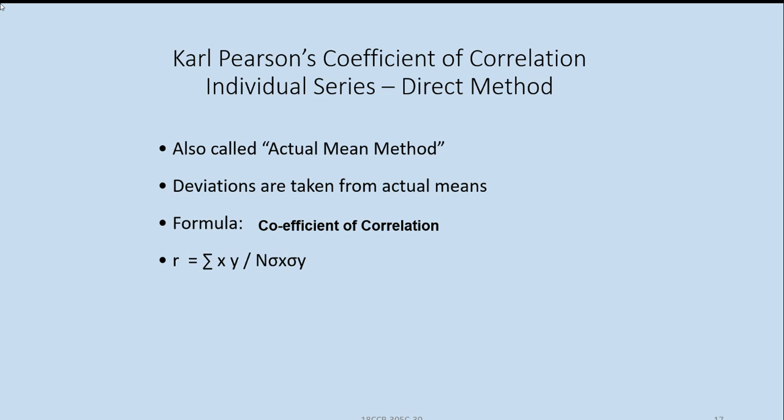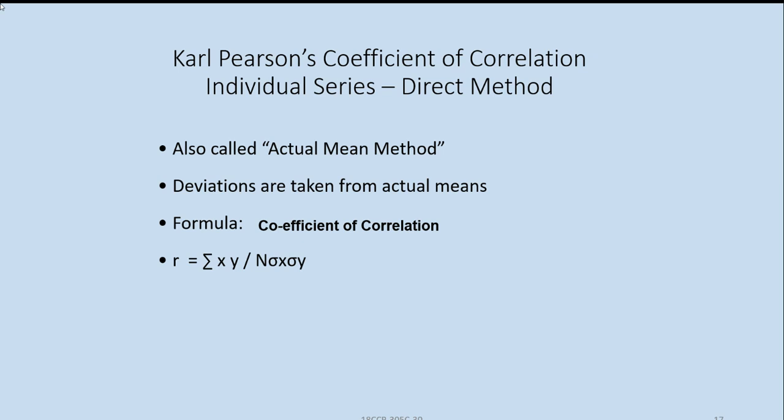Please write small x is equal to capital X minus X bar, and small y is equal to capital Y minus Y bar. That means we are taking deviations from the actual mean of X series and Y series.